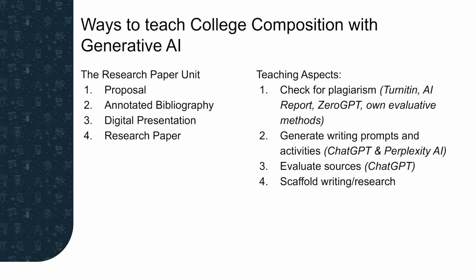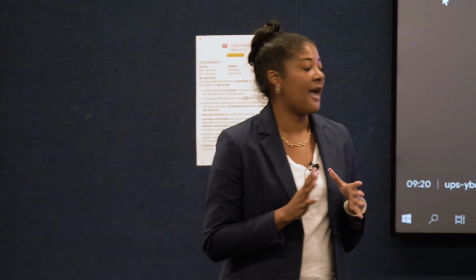So for the teaching aspects, I use Turnitin, the AI report system, Zero GPT, and my own methods to evaluate whether or not students are using AI in their essays. We have a zero tolerance policy on AI in our department right now.